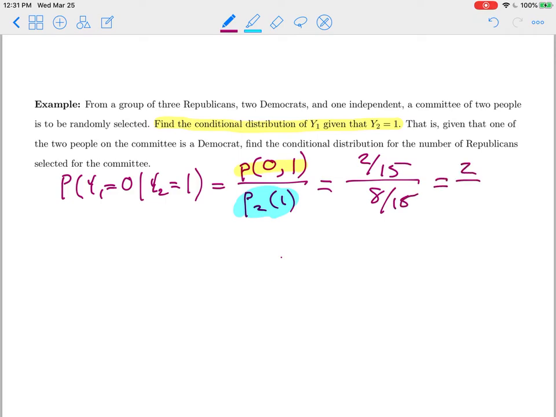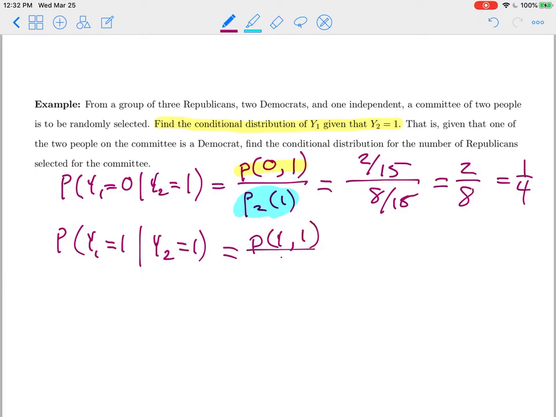So we get 2/8, or 1/4. Now the probability that y1 is equal to 1 given y2 equals 1. P of, no longer 0, now that's a 1. 1 comma 1 over P2 of 1.